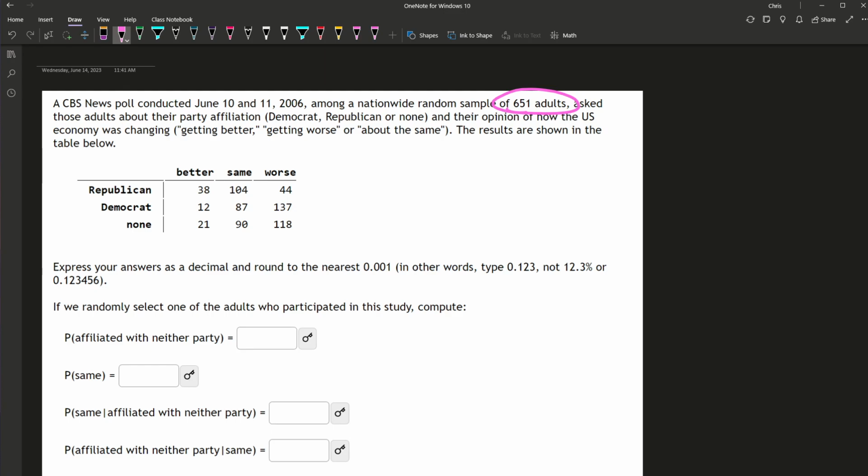The probability that someone thinks that the economy is the same, given that they are affiliated with neither party, and the probability that someone is affiliated with neither party, given that they think that the economy is the same.